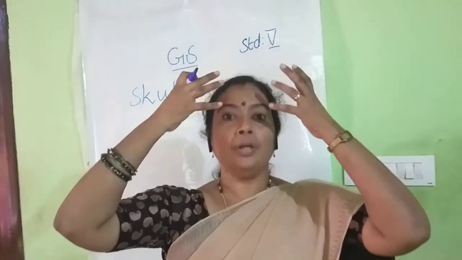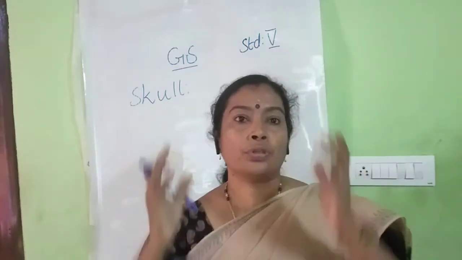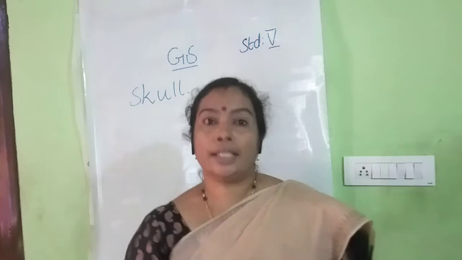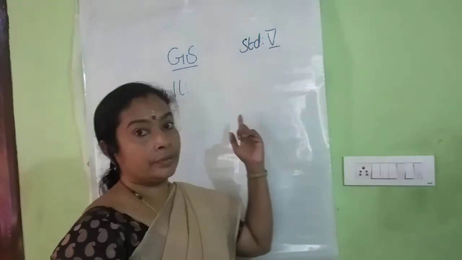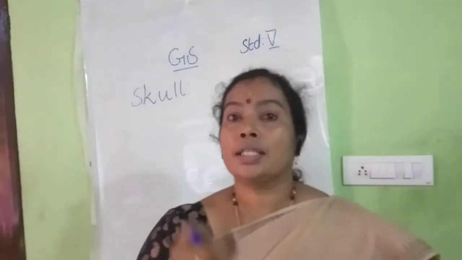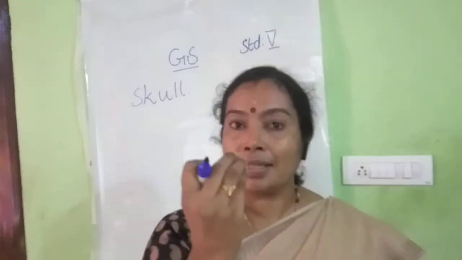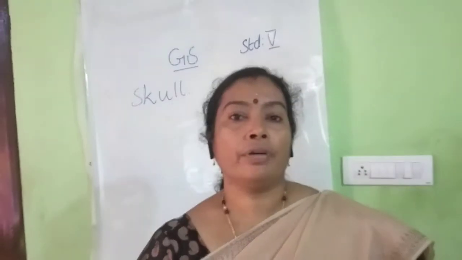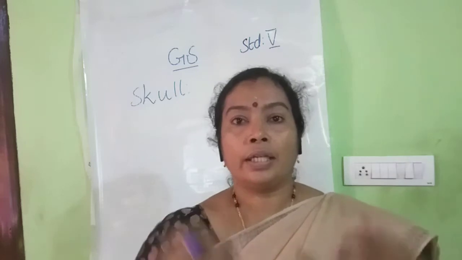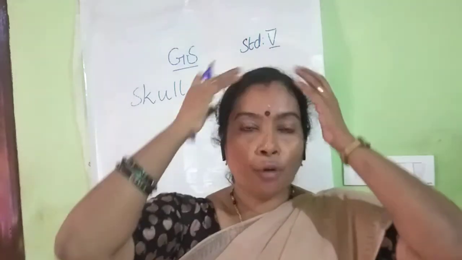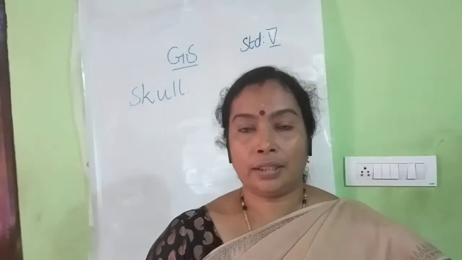The bone that gives shape to our head and face is called the skull. It is made up of several bones that are joined together and form the shape of the head.